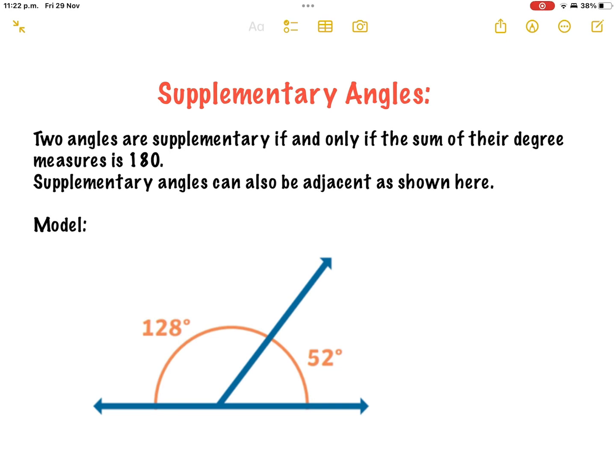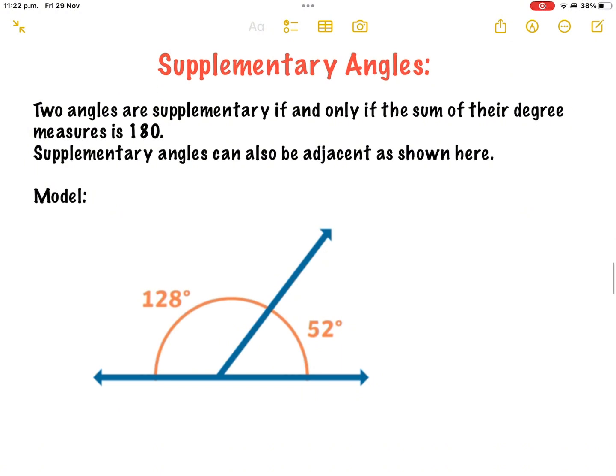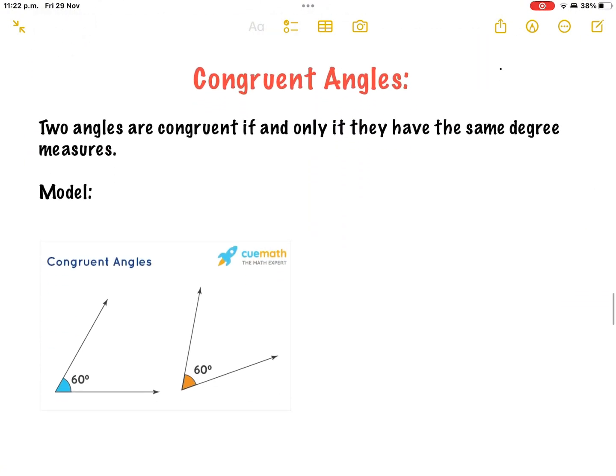Now, the definition of supplementary angles: two angles are supplementary if and only if the sum of their degree measures is 180 degrees.